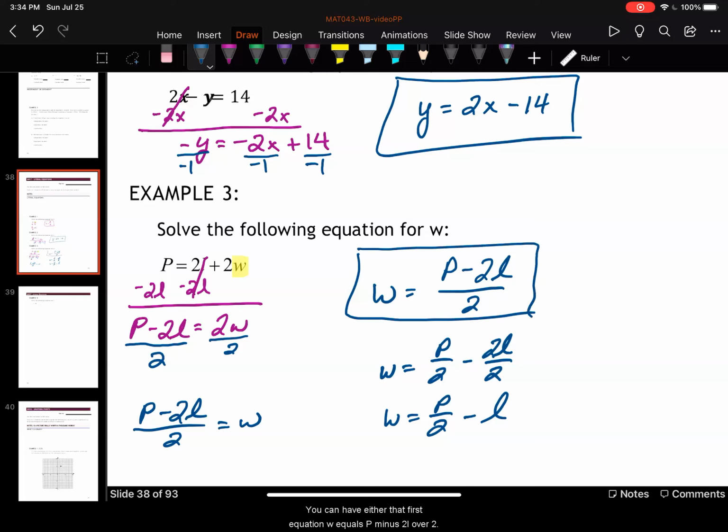So you could have either that first equation, W equals P minus 2L over 2, or the last one, W equals P over 2 minus L. It doesn't matter which one you have, just as long as everything's simplified correctly. Also make sure you keep your upper and lower case the same. So if it starts as an uppercase P, it has to stay that way. You can't change it to a lowercase.